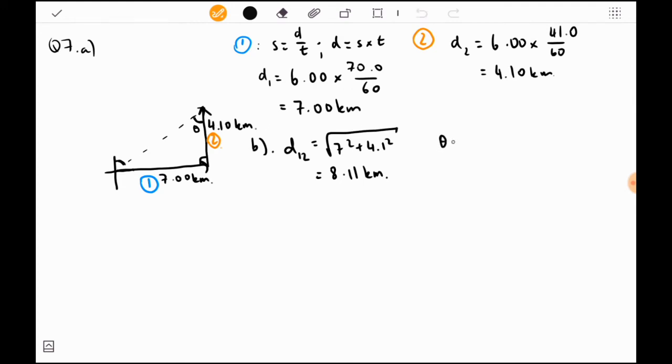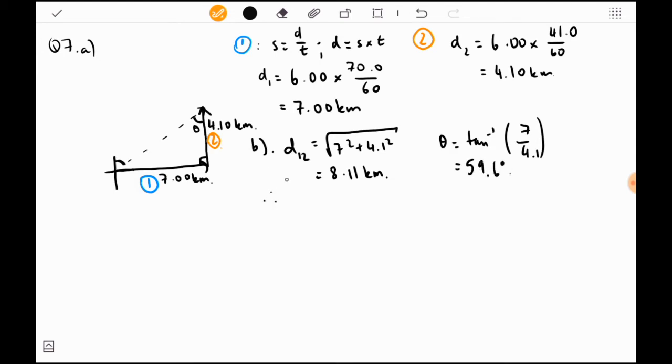So the angle is just inverse tan of the opposite, 7, over the adjacent, which is equal to, sorry, not 30.4, which is equal to 59.6 degrees.